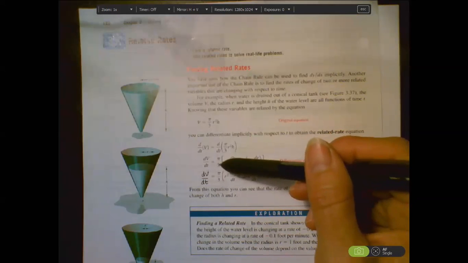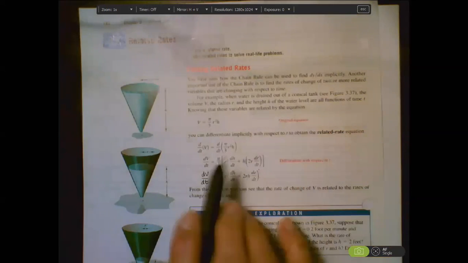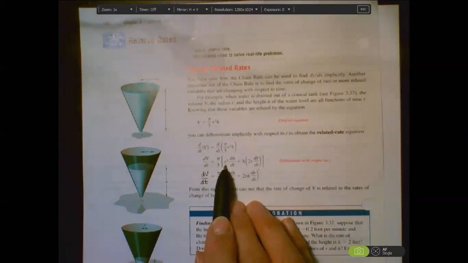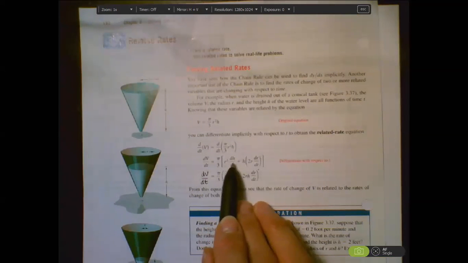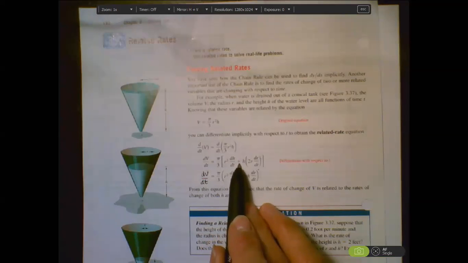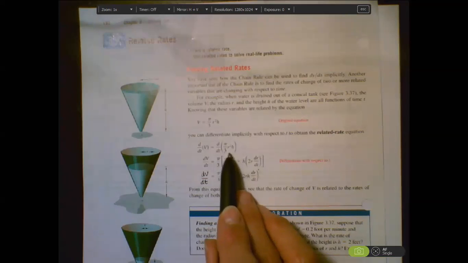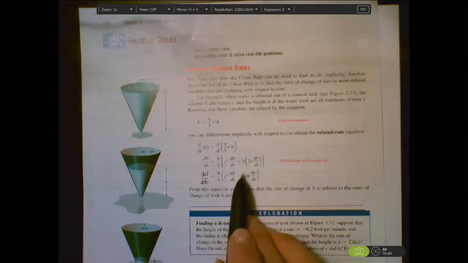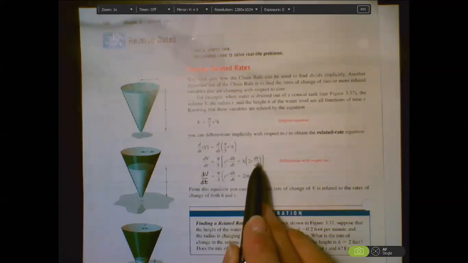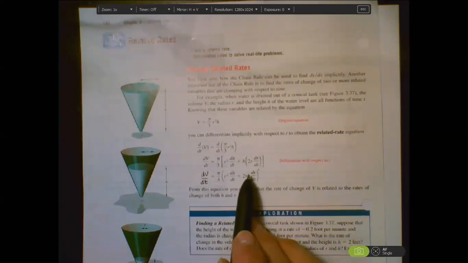You could just keep up with the pi over 3 because it's a constant, but then you have the first factor, r squared, times the derivative of the second with respect to time, plus the second factor, h, times the derivative of the first with respect to time. The derivative of r squared with respect to time is 2r dr over dt. And notice really we're using implicit differentiation here.